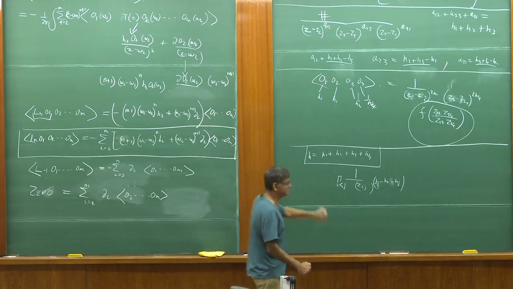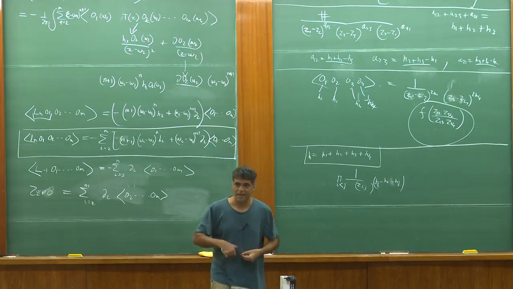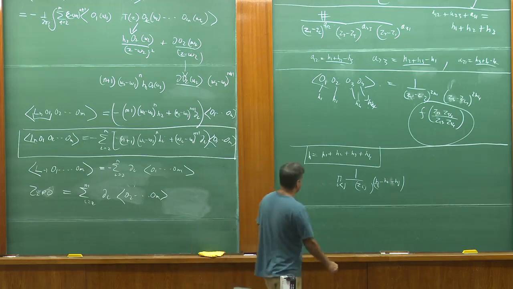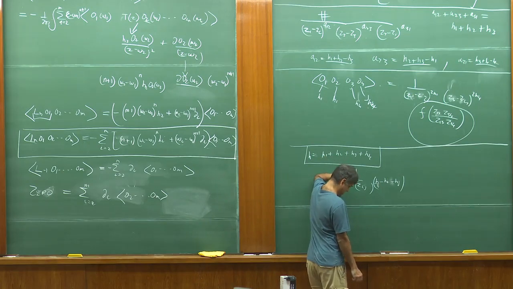Is this clear? Let's check that this meets all our requirements. Let's take i less than j. So there are 6 of these guys.